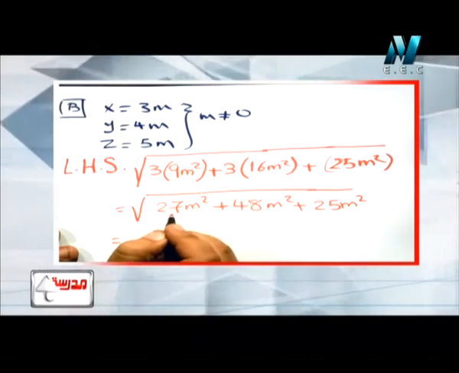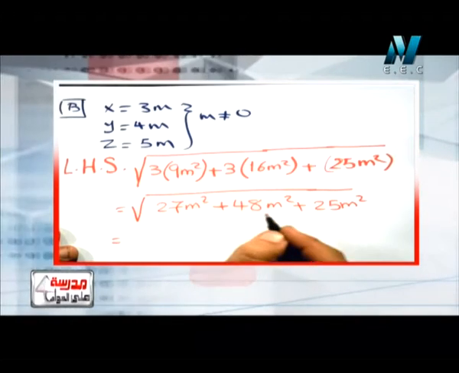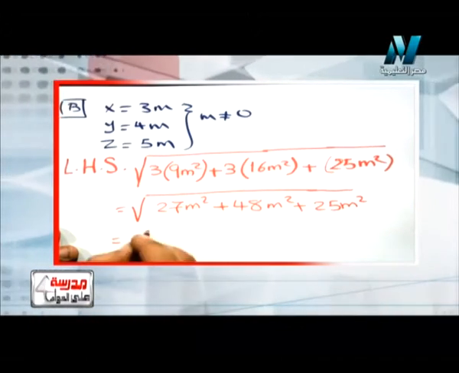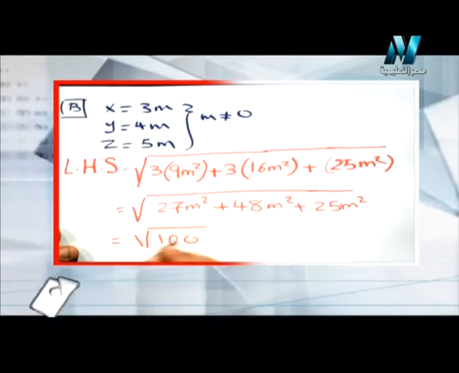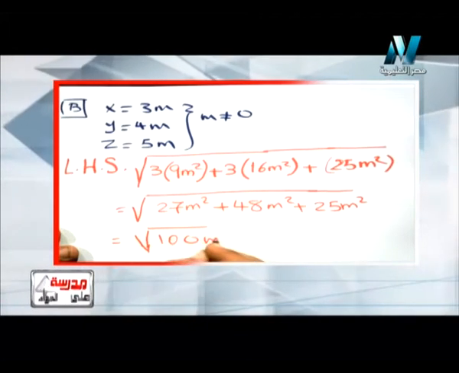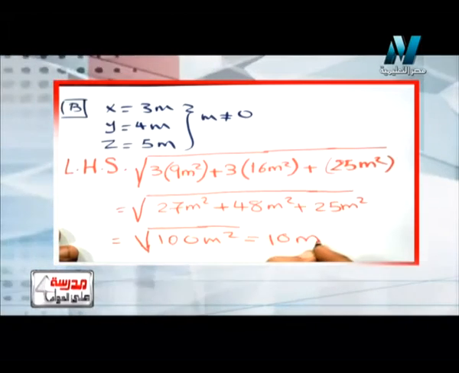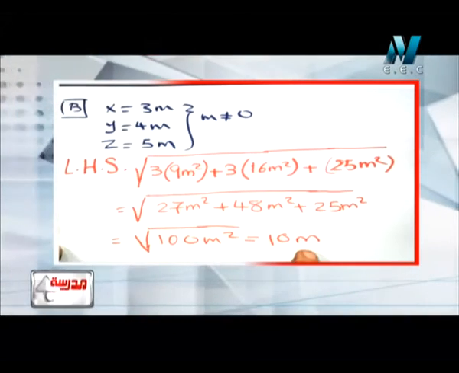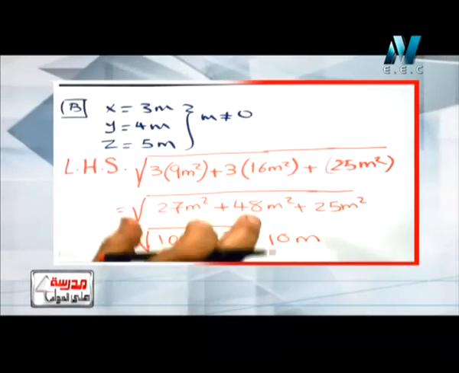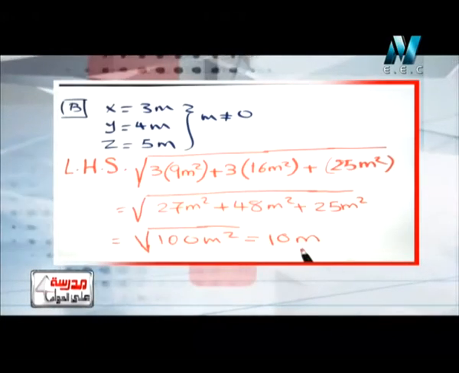So 27 plus 48 plus 25 is 100m squared. So we have the square root of 100m squared, and the answer is 10m. So this is the left-hand side, which is 10 times the factor m.